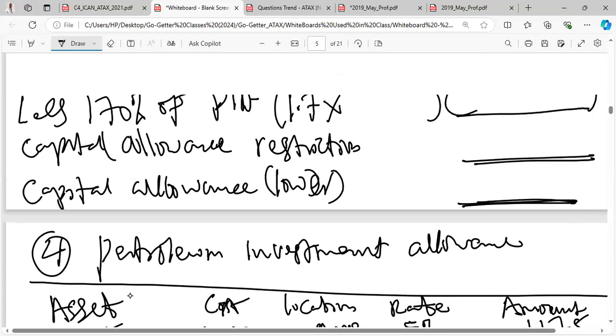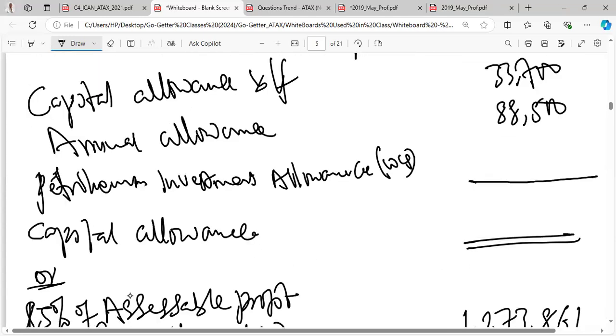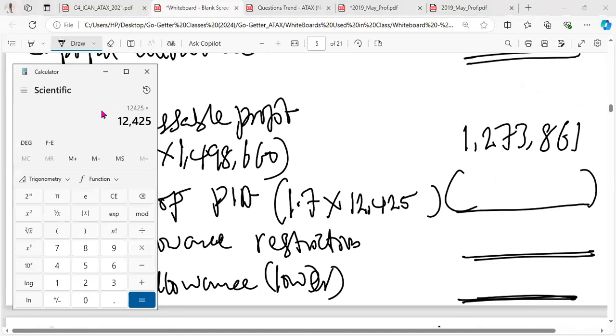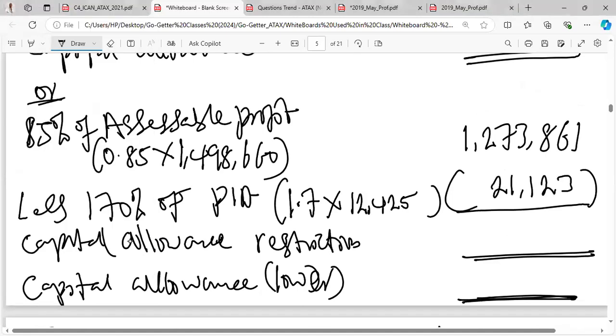So you come here, 12,425. Then you come here, 12,425. So whichever one we can do now, let's do what we have here, 12,425. Let me multiply this by 1.7. So that is 21,123.